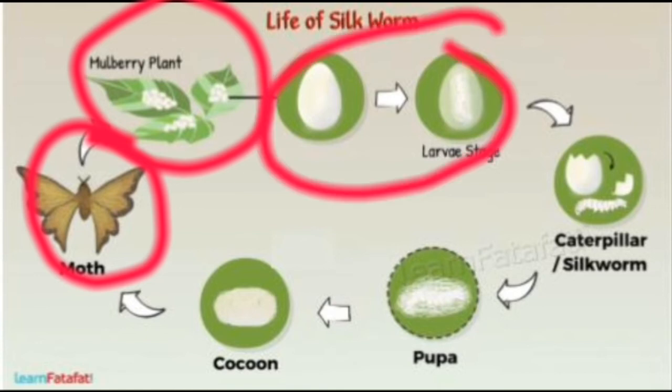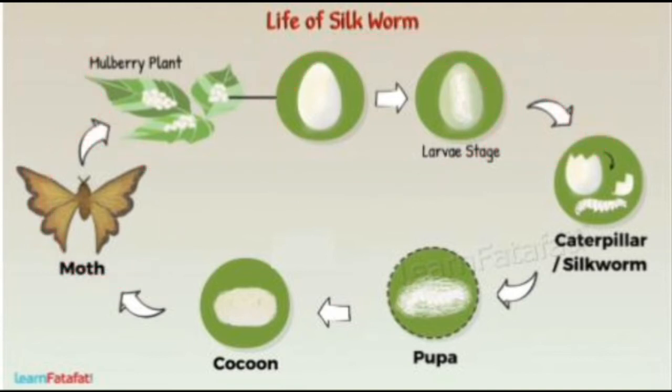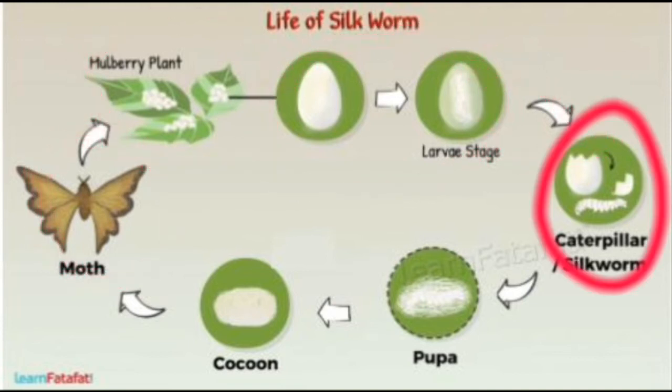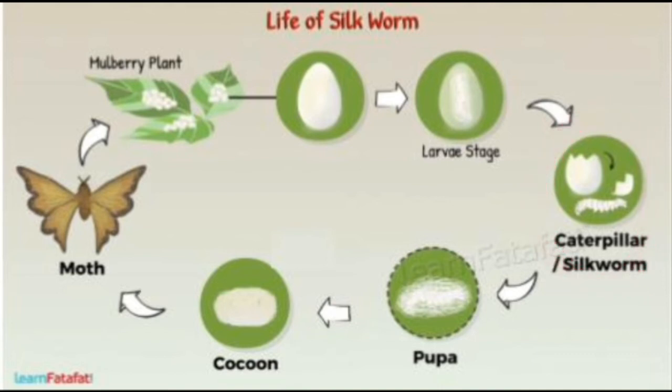The larva is called caterpillar or silkworm. It stops eating after eating leaves of mulberry for 25 to 30 days and becomes dormant.